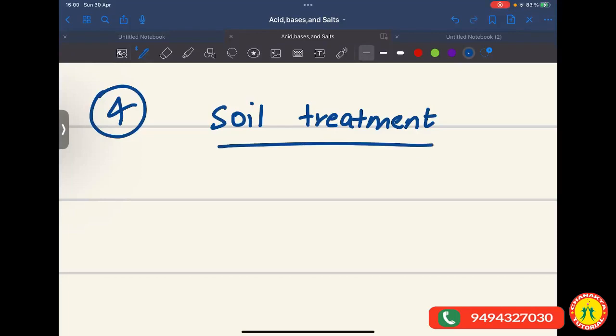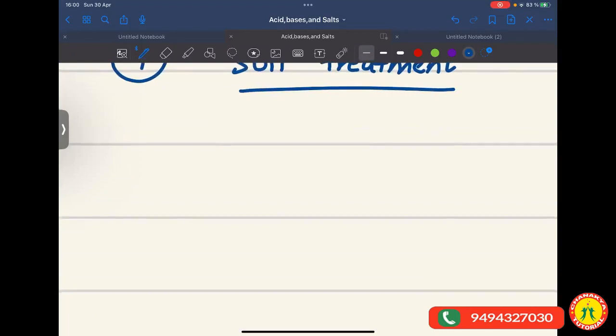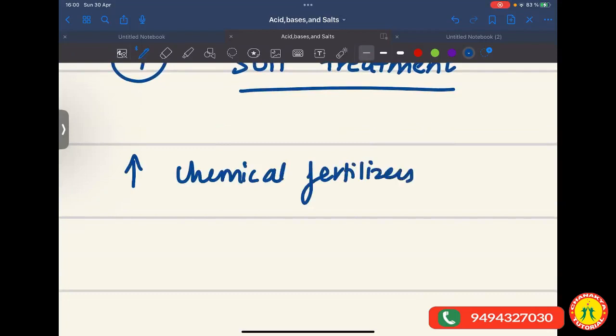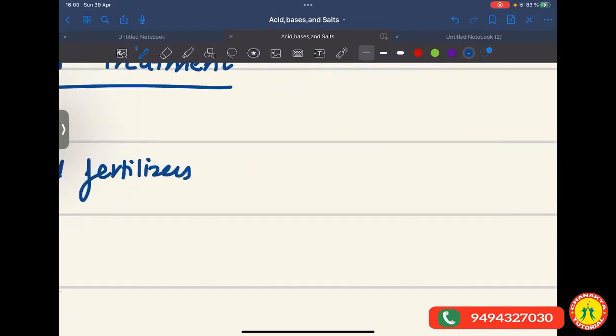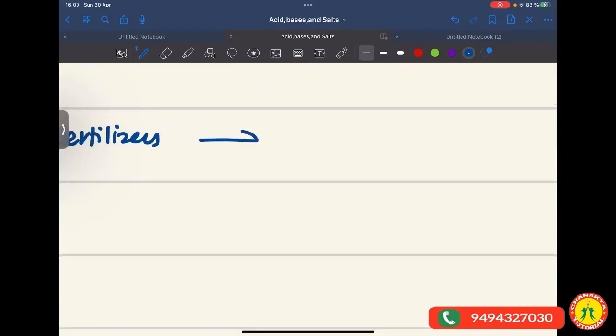Excessive use of chemical fertilizers, so more use of chemical fertilizers, will make the soil acidic. Plants do not grow well when the soil is too acidic or too basic.